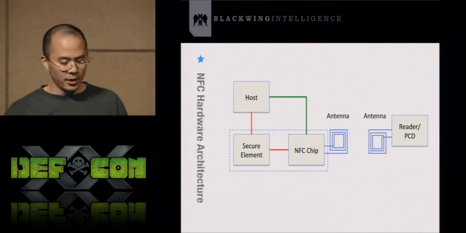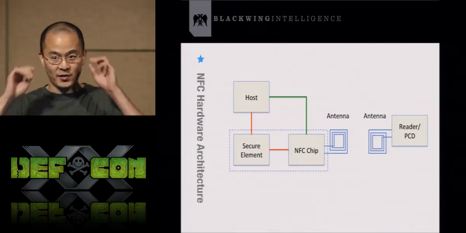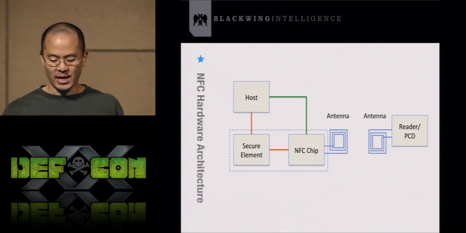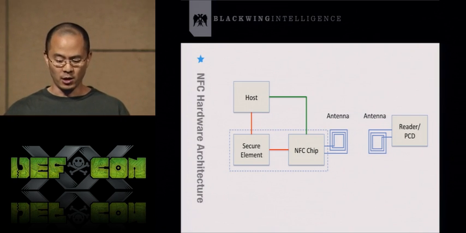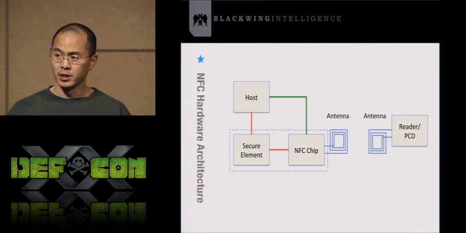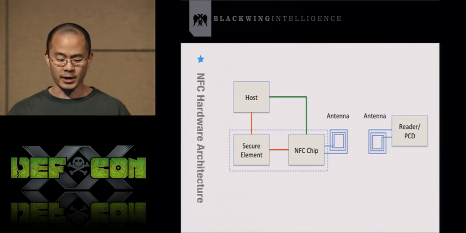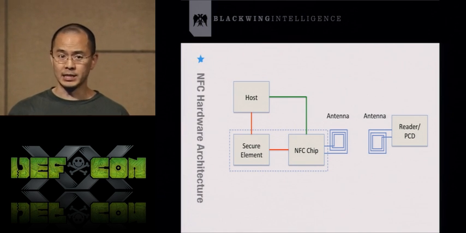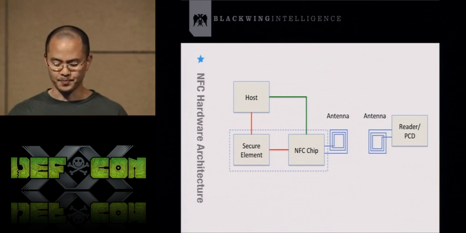All right, so here is a picture of NFC architecture, at least conceptually. I don't necessarily know if this is entirely accurate, but from my understanding, it looks something like this. So you have the host, which is basically the Android phone OS and hardware. The way that Google Wallet works is it communicates with a secure element, and the secure element supposedly encrypts all your account information, and then the secure element communicates directly with the credit card reader, and the host never actually needs to see the credit card information.